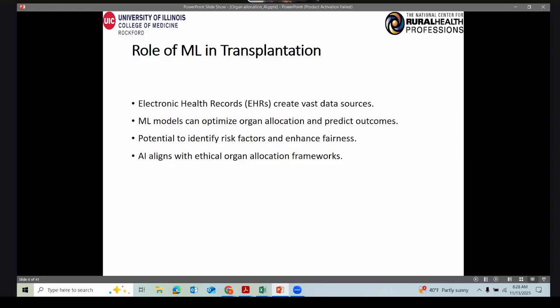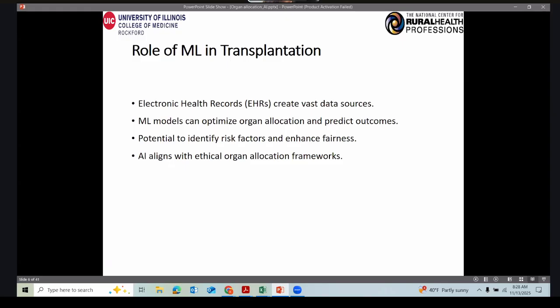Machine learning can take advantage of these large data sets to optimize organ allocation and predict outcomes more accurately. Unlike the current allocation model, which uses only a few static lab values, ML models can integrate longitudinal lab results, comorbidities, imaging biomarkers, and even social or behavioral data.